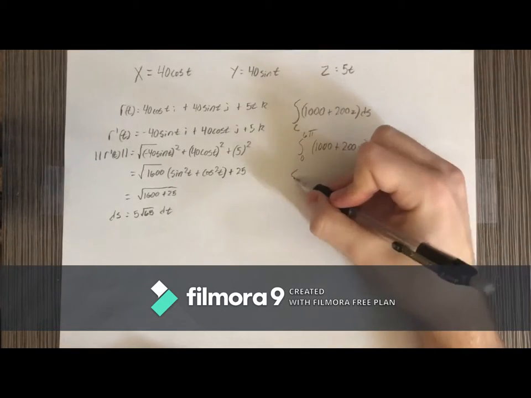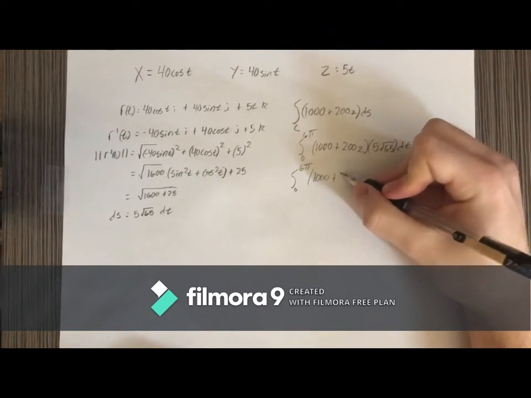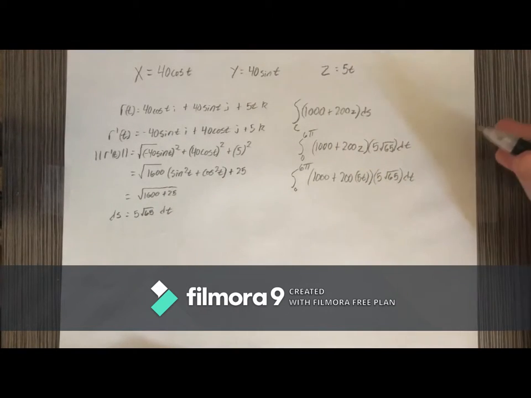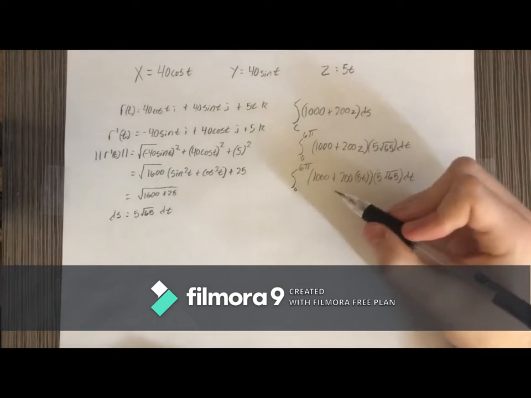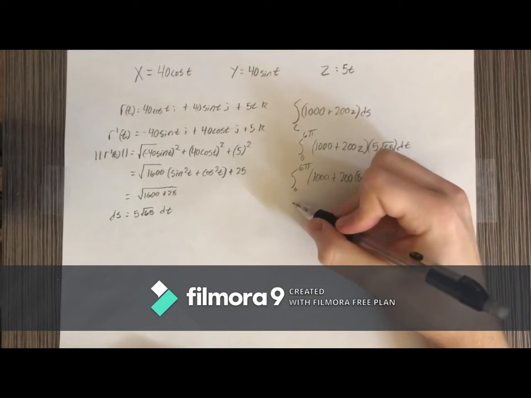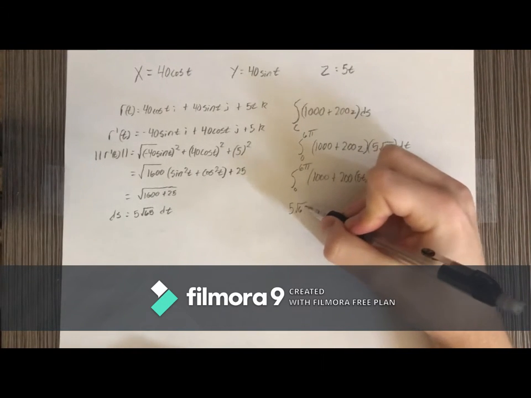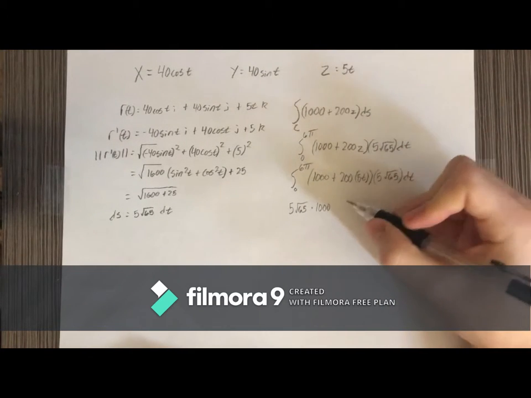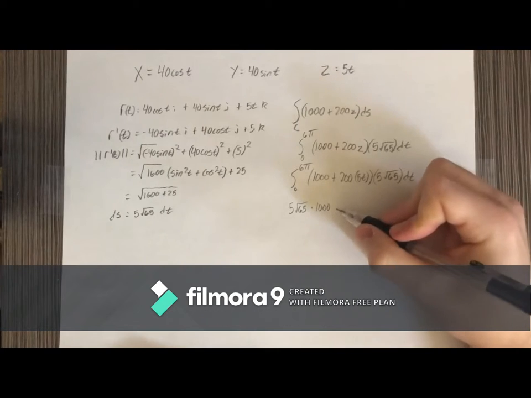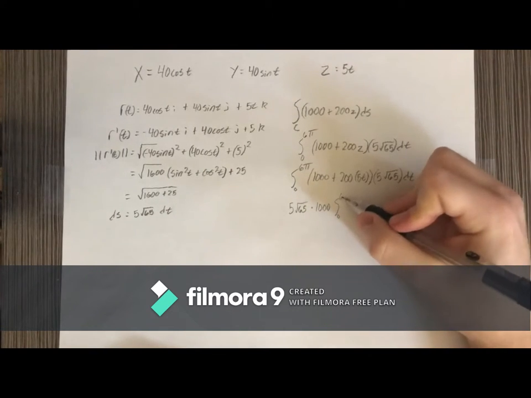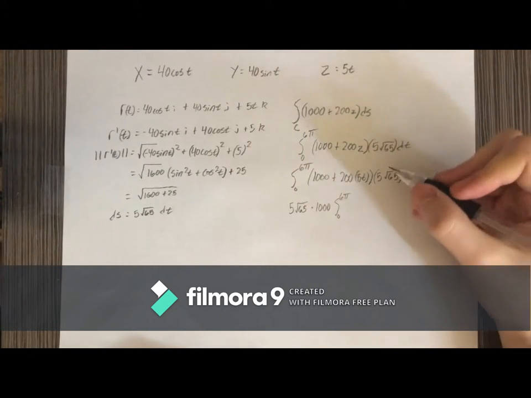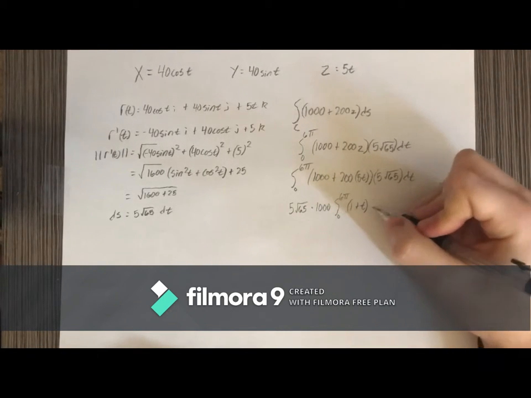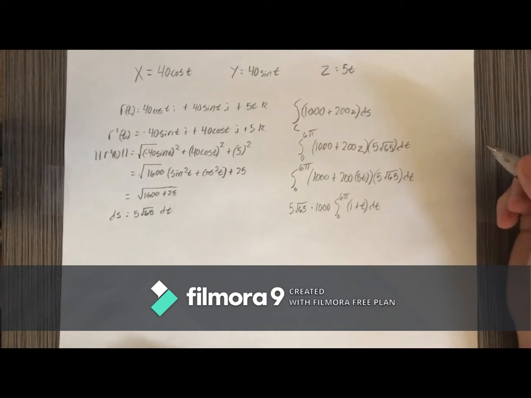Then we must plug in z equals 5t for the z in the equation. After that, we can factor out 5 square root of 65 times 1000, leaving us with 5,000 square root of 65 times the integral from 0 to 6 pi of (1 plus t) dt.